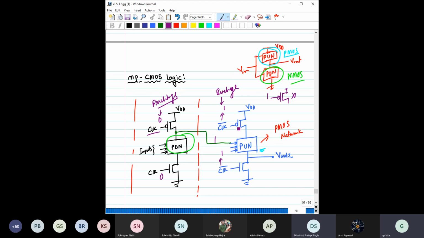So this transistor is off. But you have given 1 here, that means this transistor is on. So if something is there in this node, that will discharge. So basically you are charging this node, you are discharging the next node. Okay? Now, in evaluation phase, what will happen?